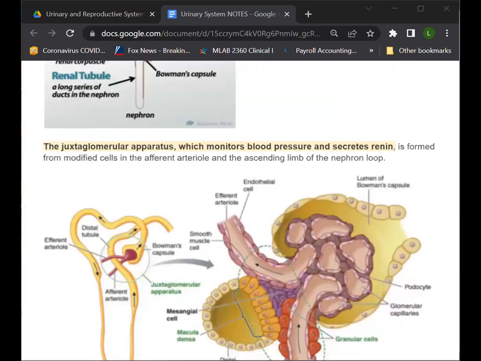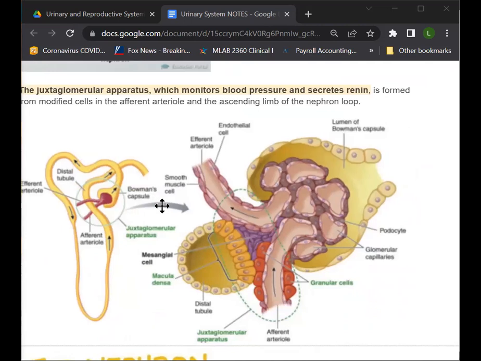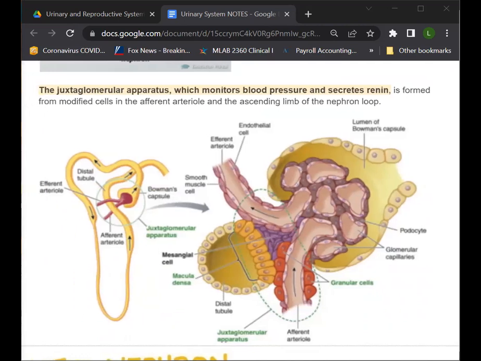Before we move on to the rest of the nephron, we do need to know that there's a very specific group of cells that's wrapped around the afferent arteriole, and it's called the juxtaglomerular apparatus.